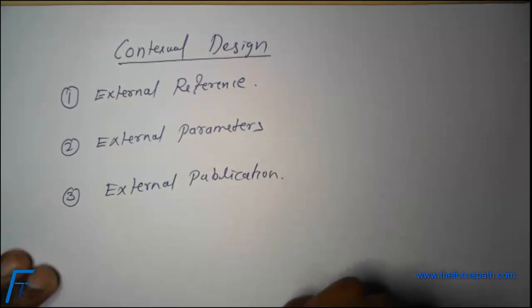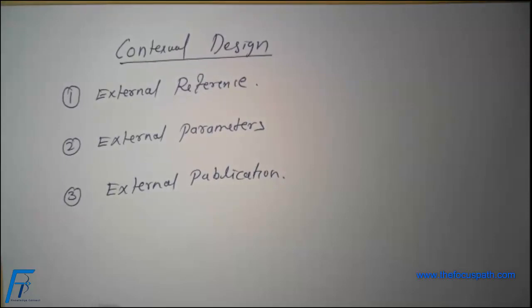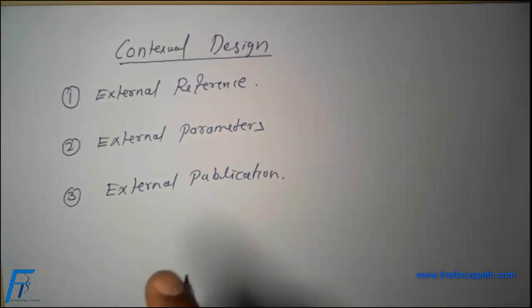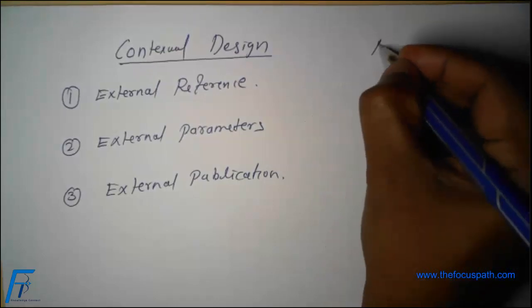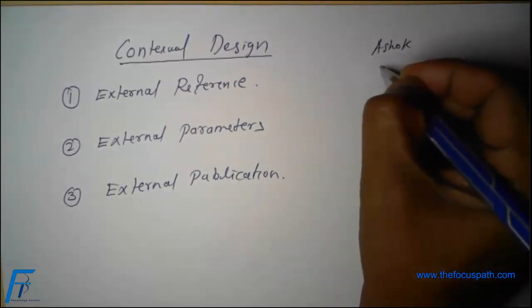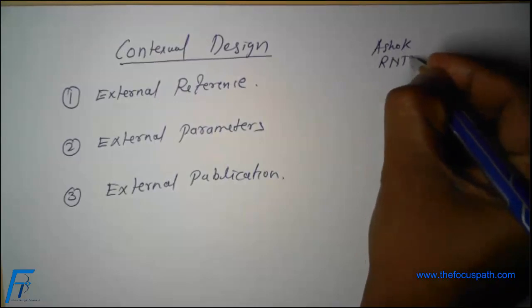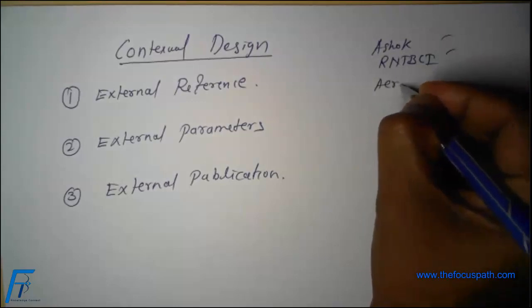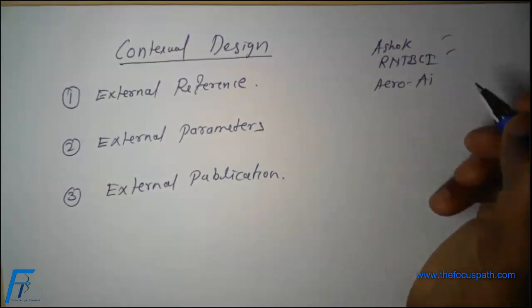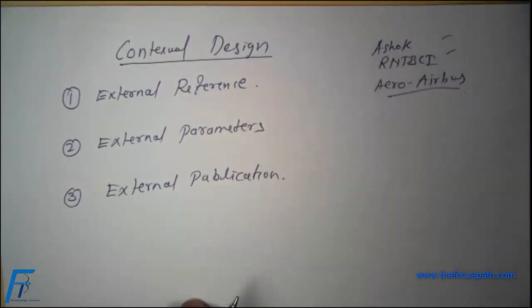right? This is very important for you to understand, because when you get into any of the OEMs, whether it is, say for example, Ashok Leyland, or Renault Nissan, or any of the aerospace companies, whether it is Airbus, Boeing, Bombardier, Embraer, they will have a certain procedure for design aspects.